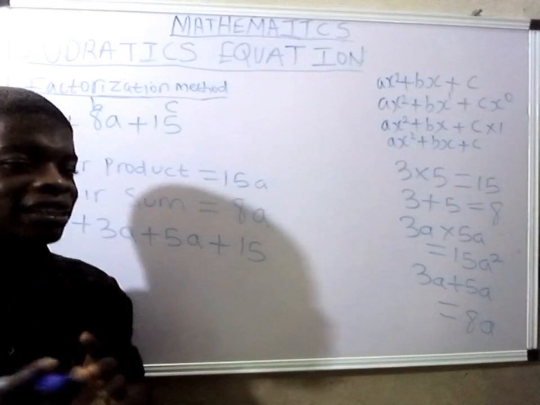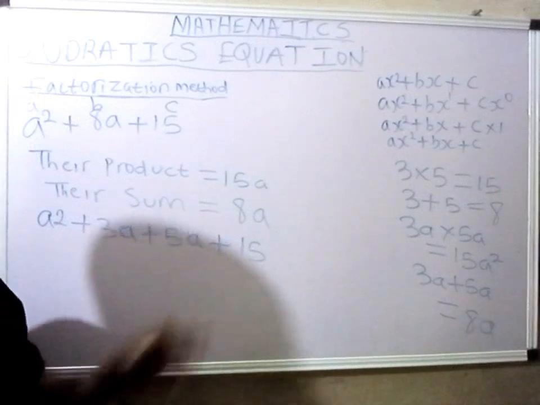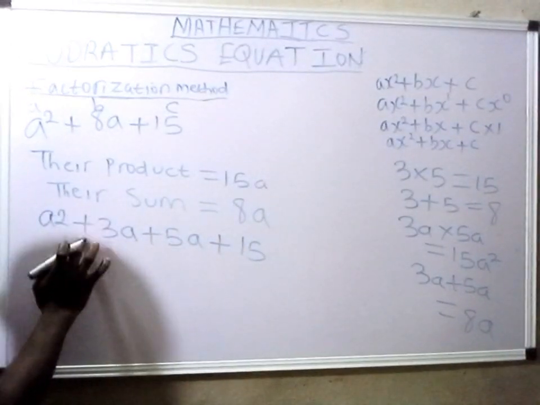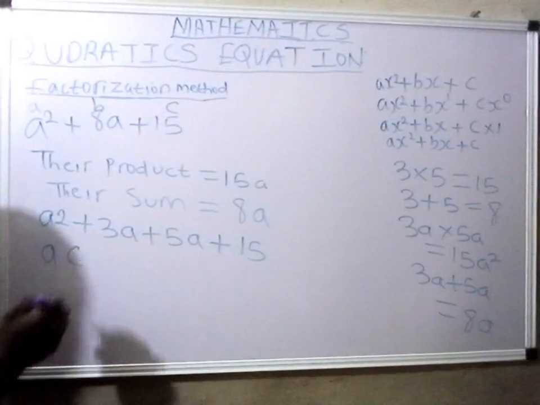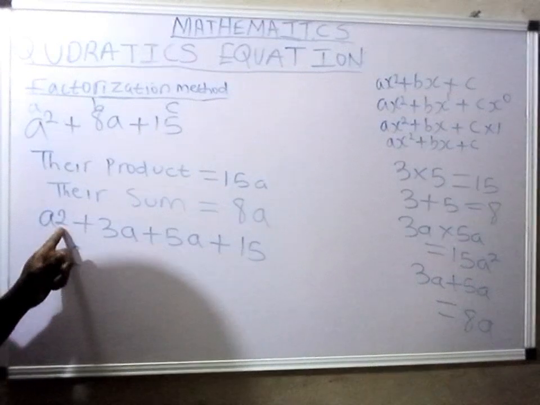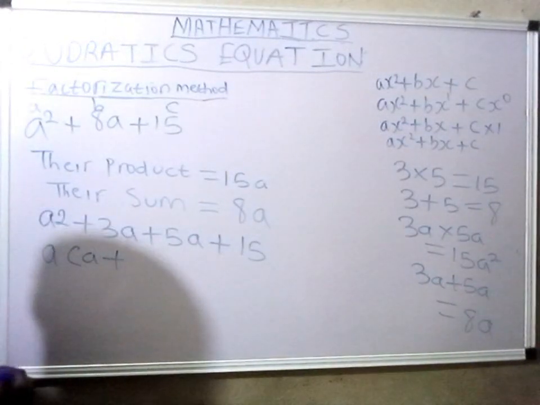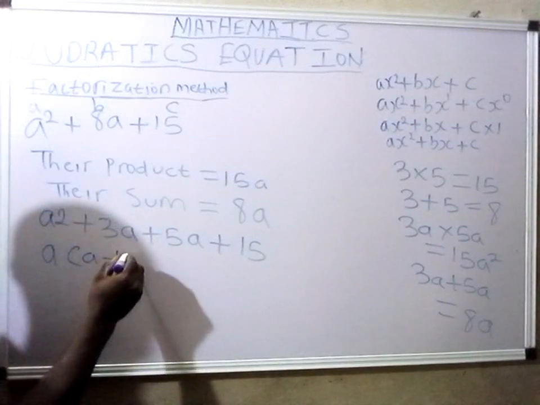So let's factorize by saying what is common in both sides. It can be inferred that a squared plus 3a has a common factor, so bring out a. a going into a squared is a, plus a going into 3a is 3 left.